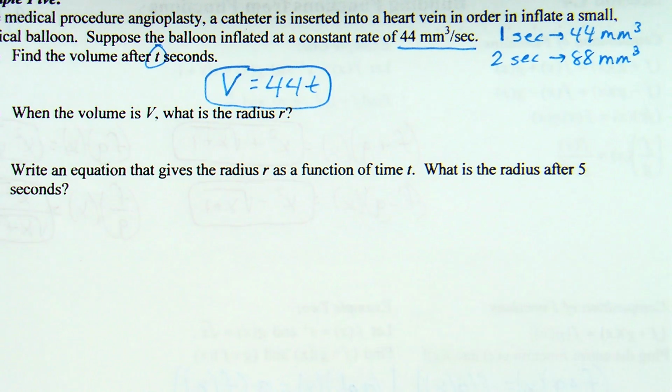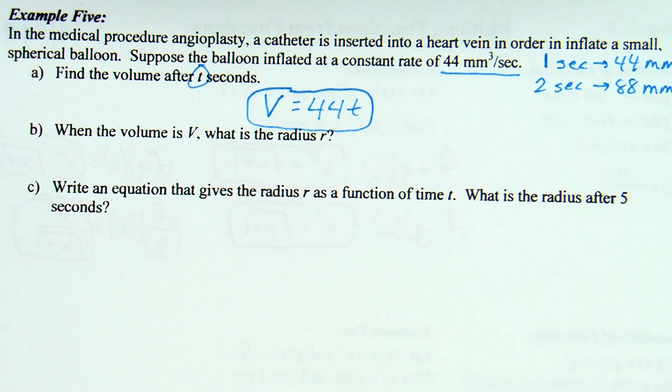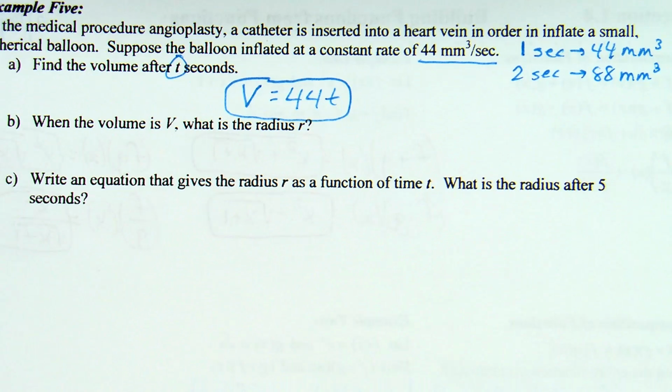Okay, so volume and radius of what? Does it give me a what in the problem? We're trying to inflate a small spherical balloon. So volume and radius of a sphere.